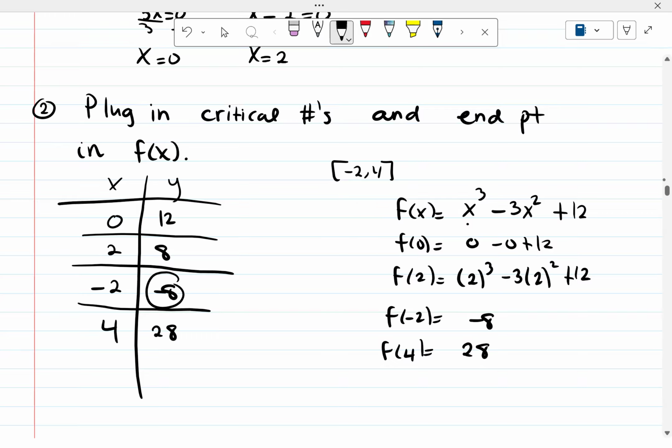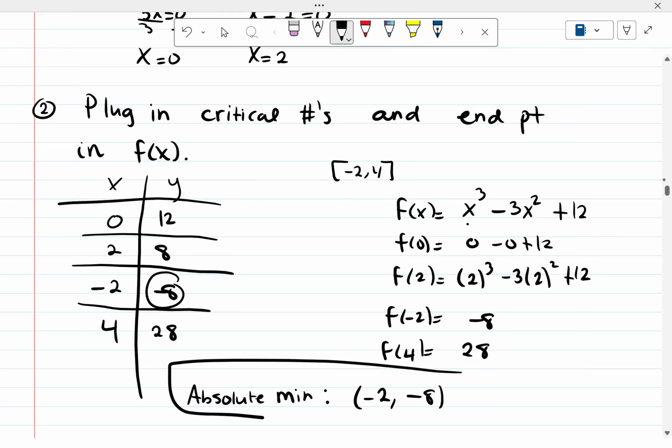Yes, negative 8, right? So this concludes that your absolute min is from the coordinate negative 2, negative 8. Okay, so that is my absolute min.